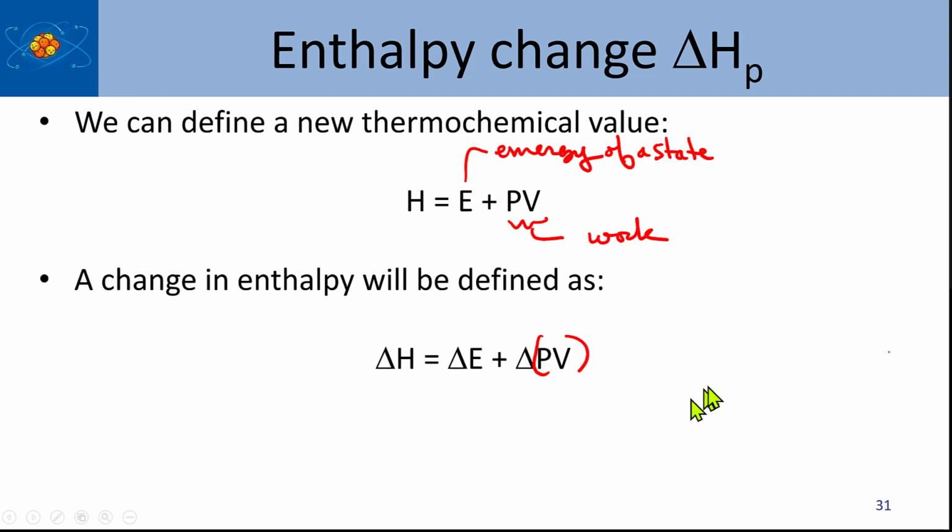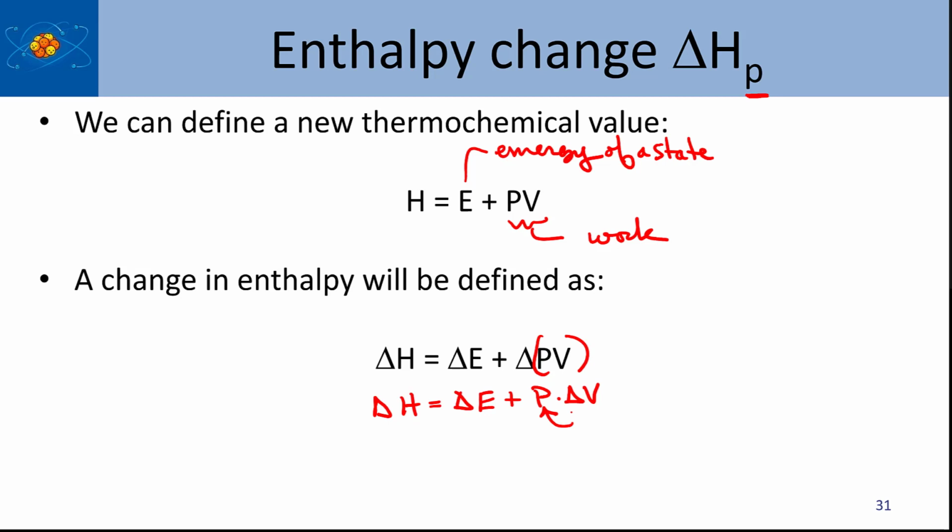Okay? And one of the things that they like to do is they like to say, well, let's look at this at constant pressure. And that's what this means up here. So when we have constant pressure, we can write the following. Delta H is equal to delta E plus P times delta V. So we do this and we pull it out from the delta.